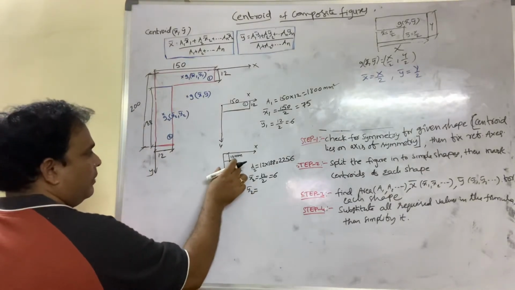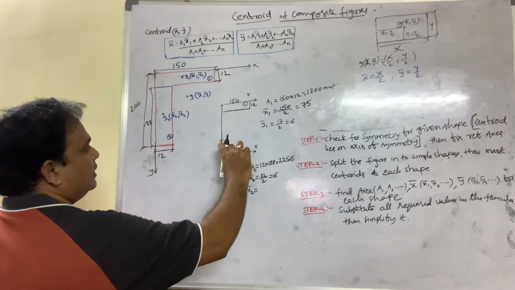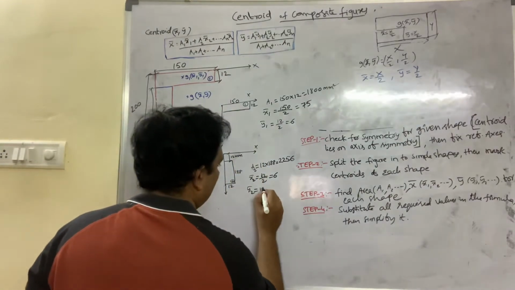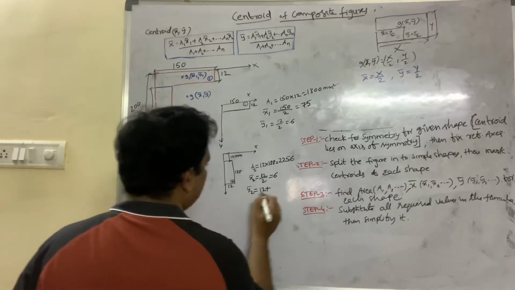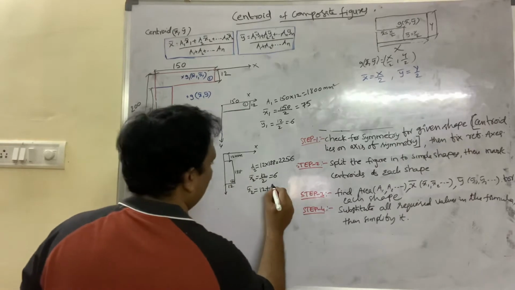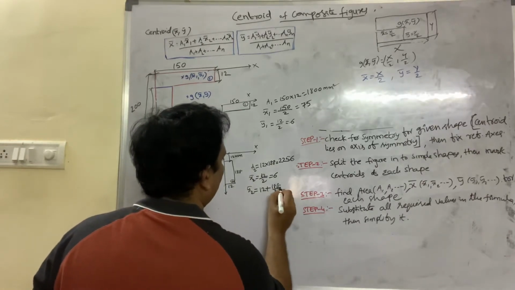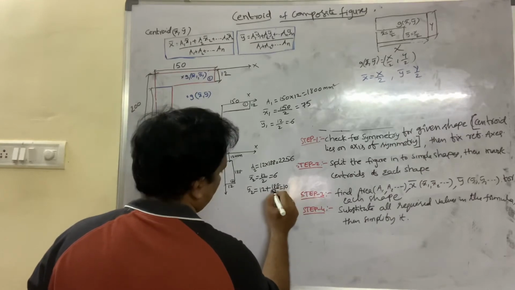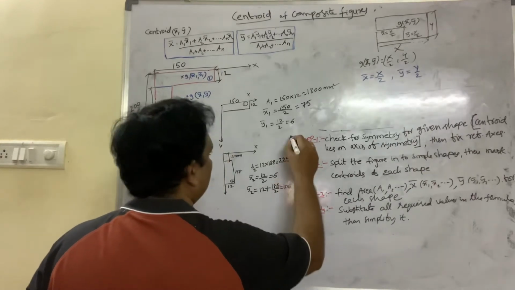The second member is already at a distance of 12 mm down from the x-axis, so that will be added here, that is 12 plus the vertical distance by 2, that means 94 plus 12, which is 106.